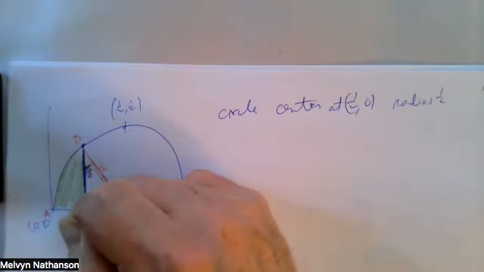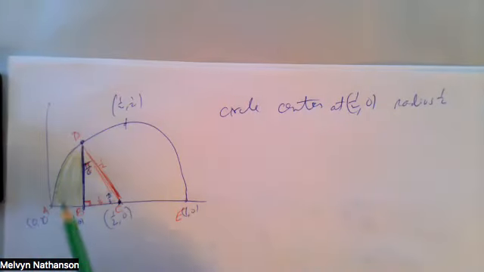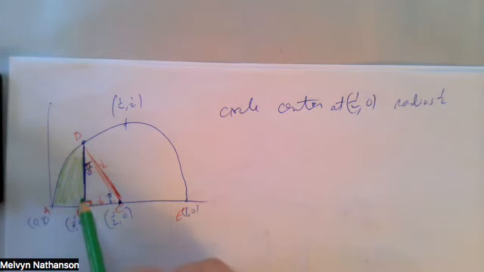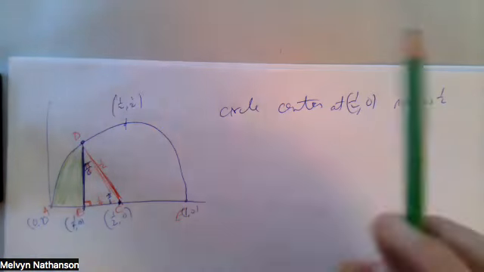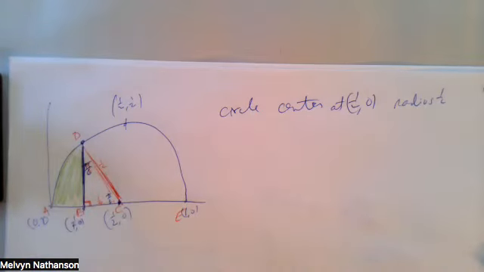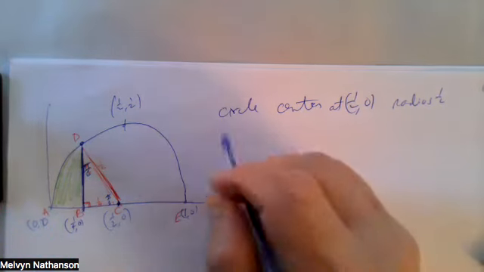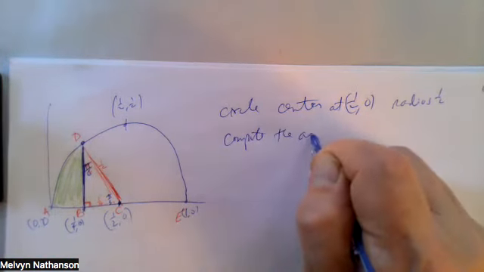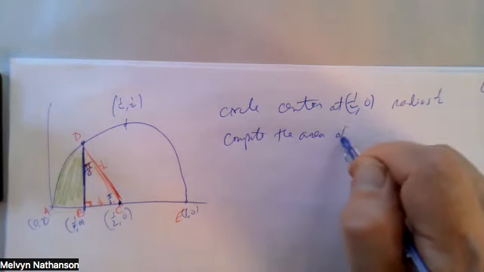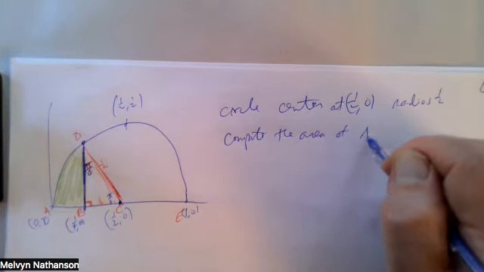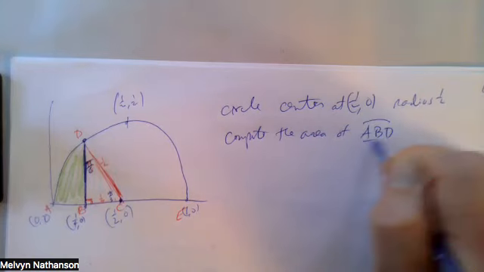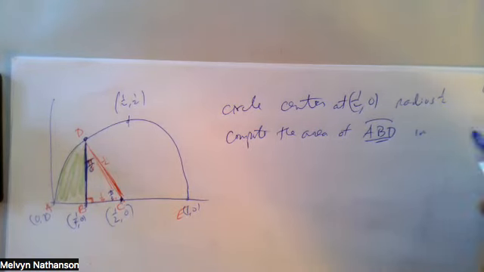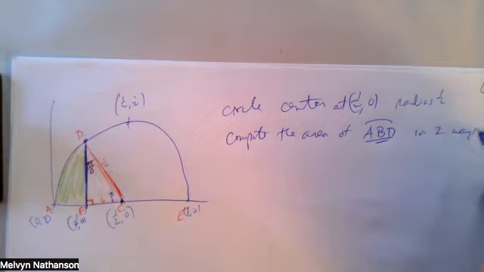He wants to compute the area which is bounded below by this line, above by this line, and on the top by this arc of the circle. So the problem is to compute the area of the region ABD, and we're going to compute this in two ways.